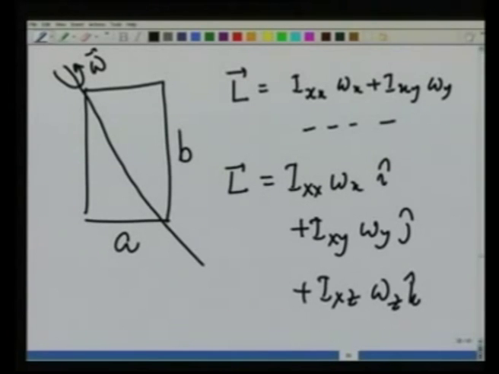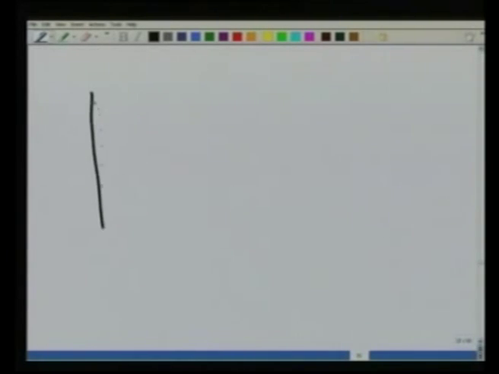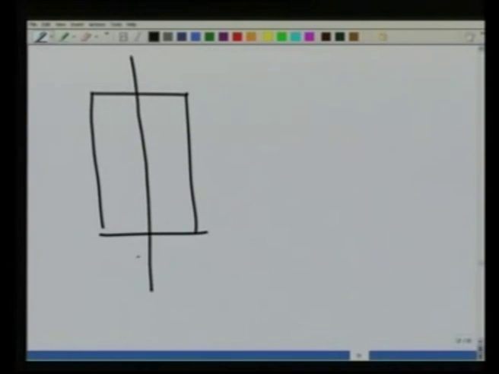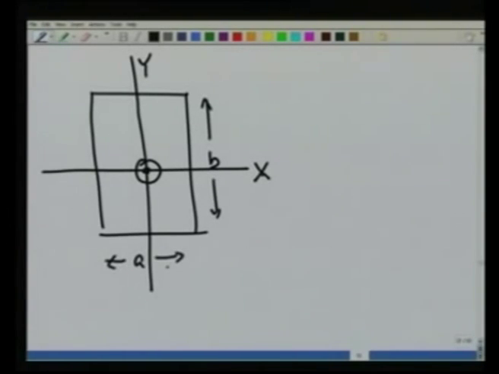Now, again I will leave it as an exercise for you to show that for a rectangle the principal set of axes are these. Let us call this the x axis, y axis. If I take the center as the origin, passing through the origin as this, the x axis is this, the y axis is this way, and the z axis obviously coming out. This length is b, this length is a.